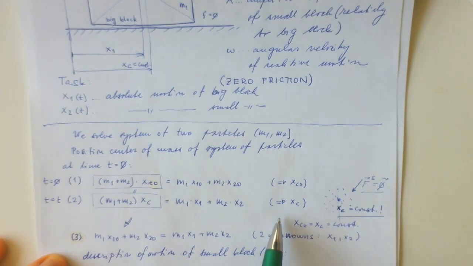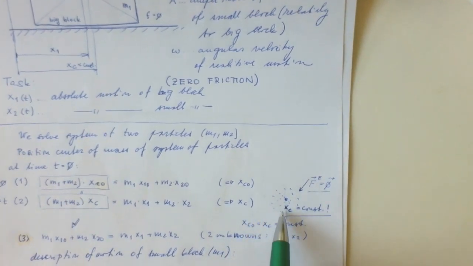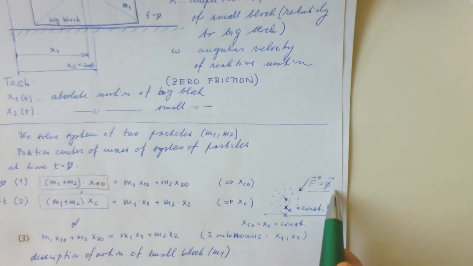But from the last lecture, we know that, for example, let's look at this image, there are some particles, and this system of particles has some center of mass, and this is the position xc of center of mass. And if there is no external force, we can use the knowledge we got last time.